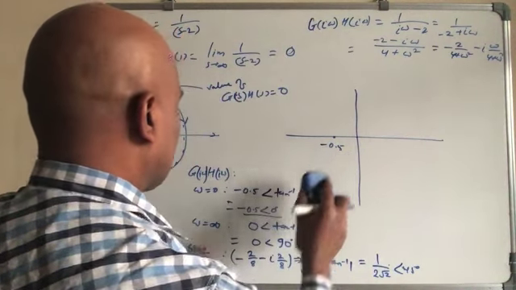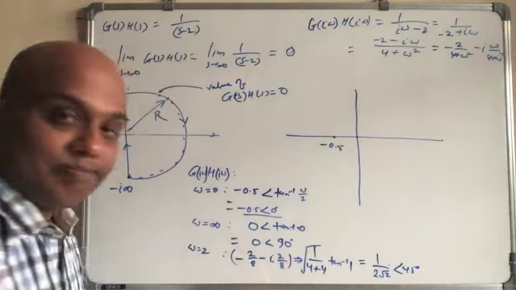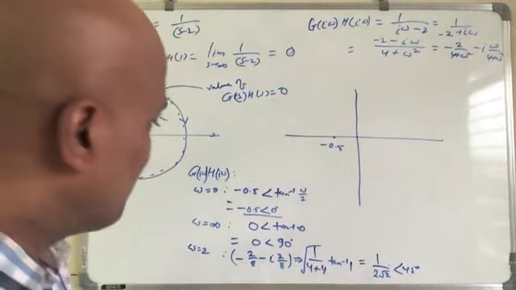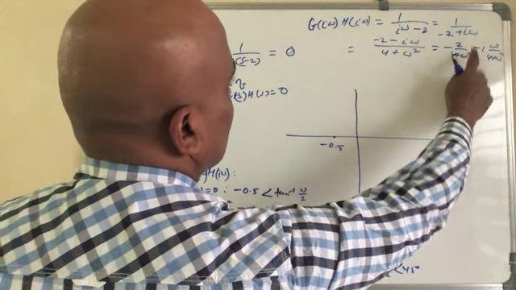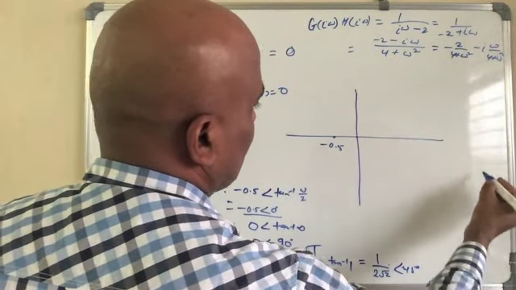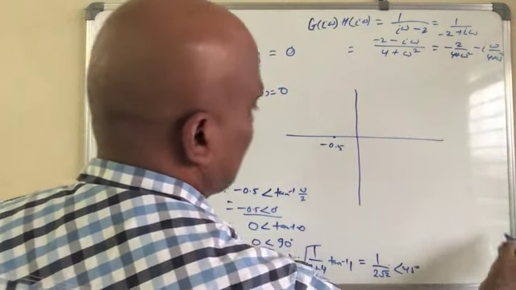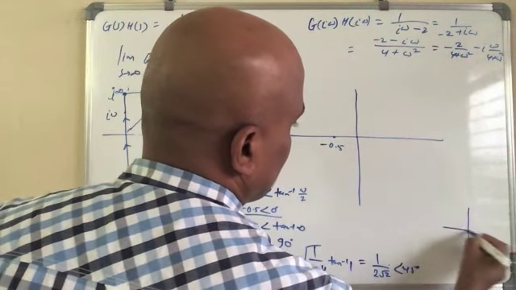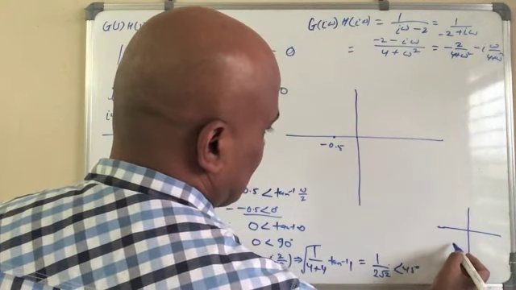Okay, so we made a mistake here. You see, here we have minus, so we are talking about where sine and cos are both minus. And when is that possible? That will be the third quadrant, right?